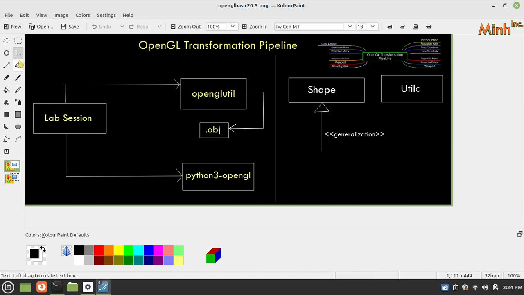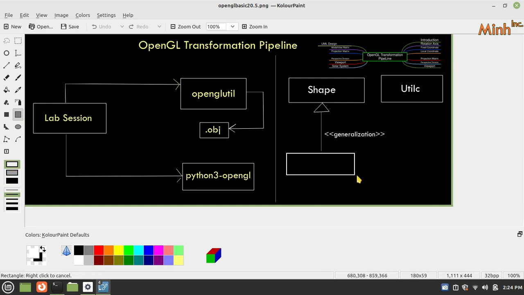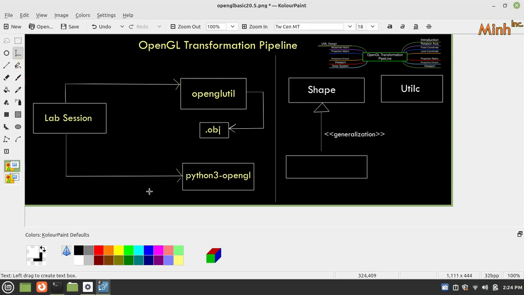Okay, so here it is pyramid. Okay, we can go for more generalization also.